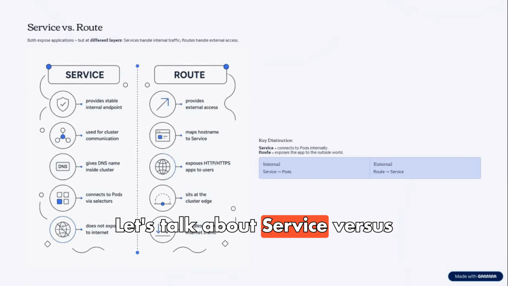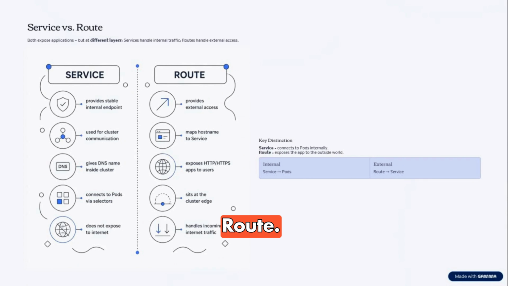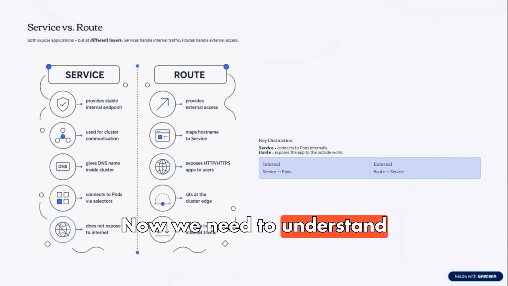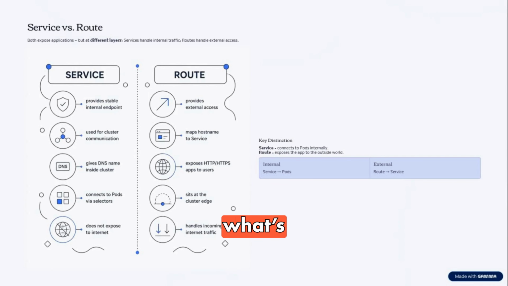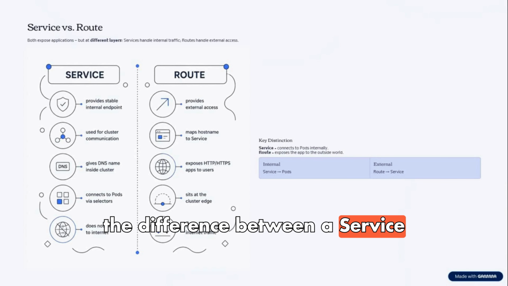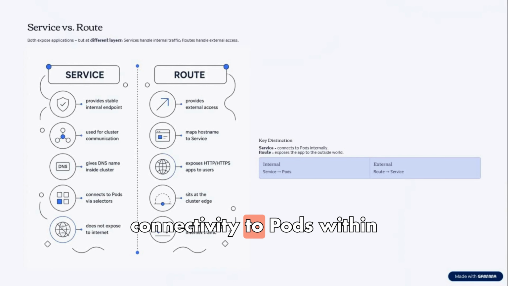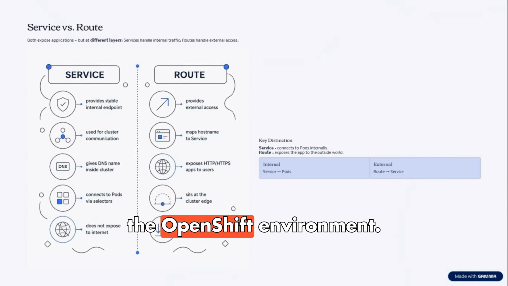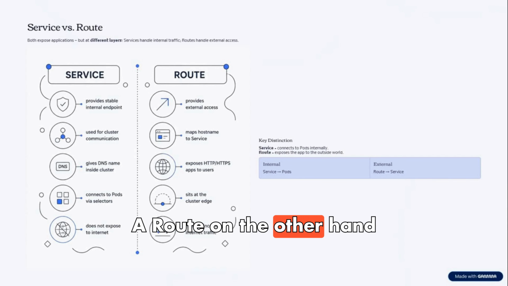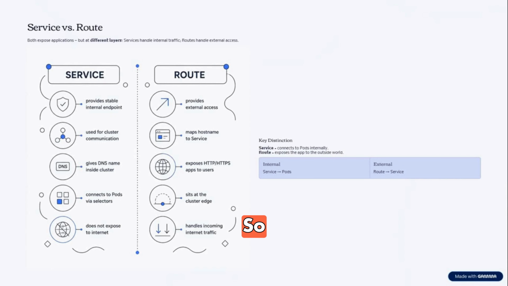Let's talk about service versus route. Now, we need to understand an important distinction. What is the difference between a service and a route? A service primarily handles connectivity to pods within the OpenShift environment. A route, on the other hand, is used to provide external access to an application.